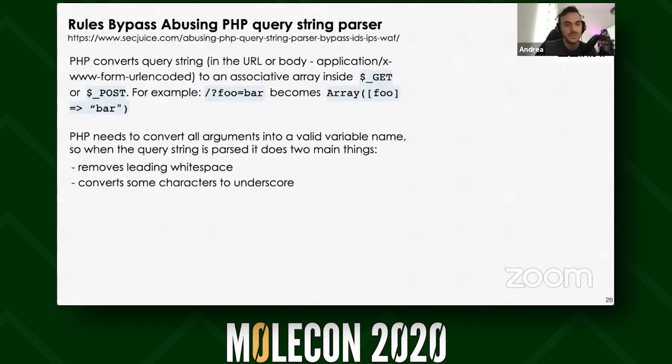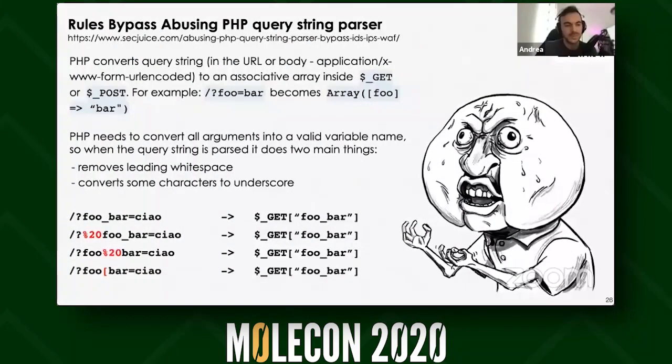In order to do it, PHP needs to convert each argument name into a valid variable name. So when the query string is parsed, PHP does two main things. It removes leading white space and converts some characters to underscore.